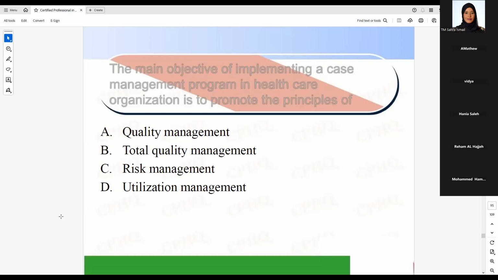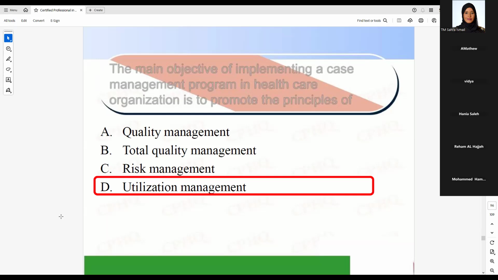D, utilization management. Because of case management? Yeah. This was the last part we did, so it is utilization management. It is utilization management. And it was actually in the slides.